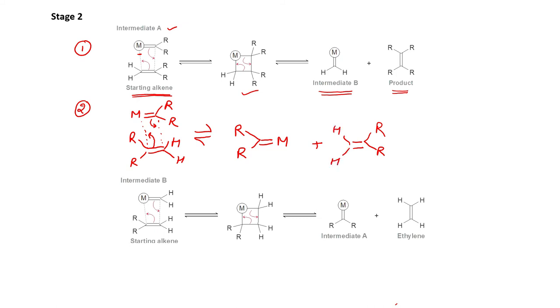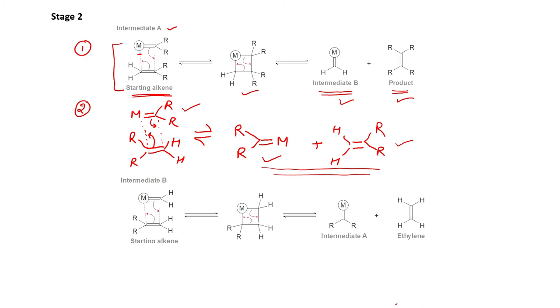So you can see here, this is your intermediate A, which is this, and this is your starting material alkene. So you are getting the same reagents, these two, and this process will continue until you get your intermediate B and product.